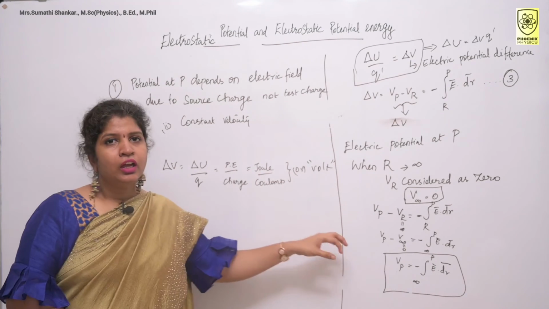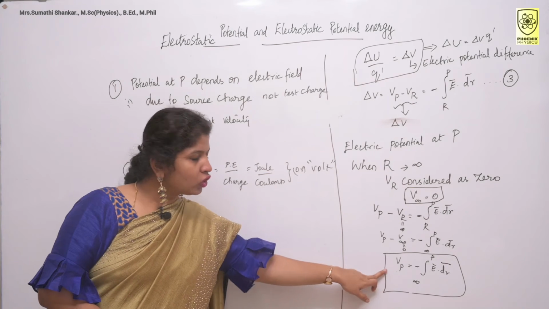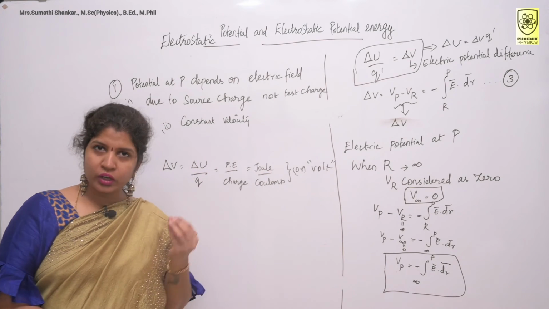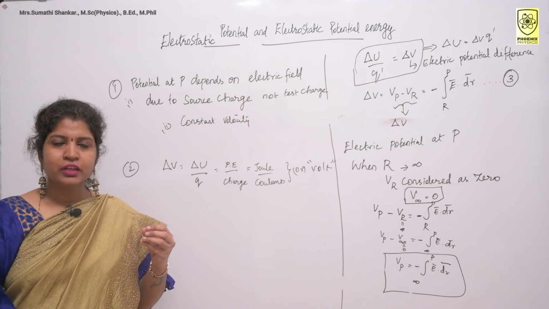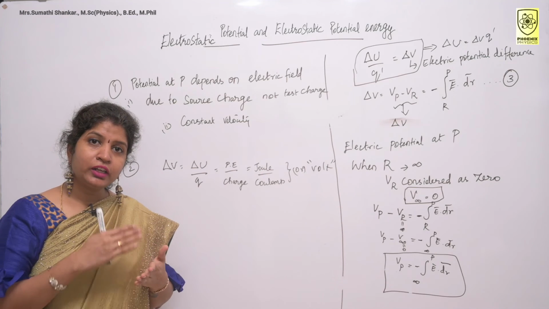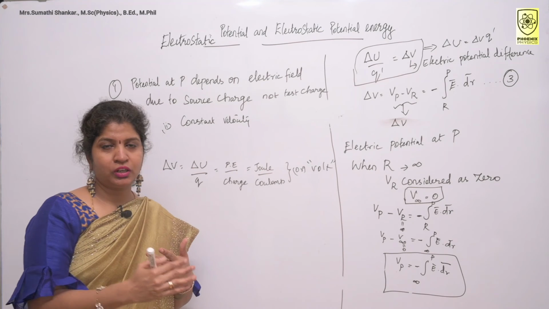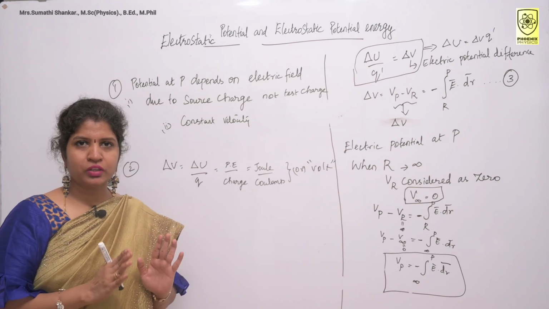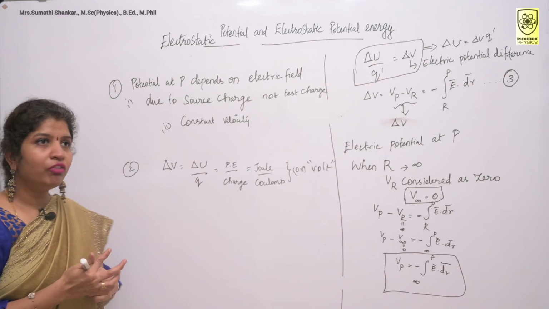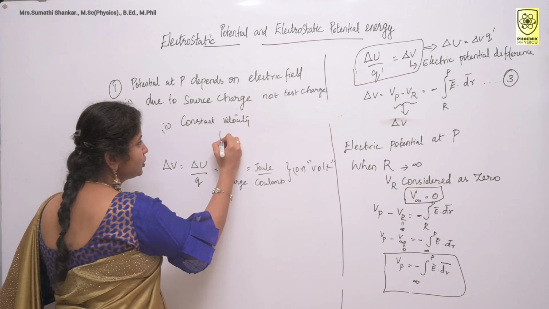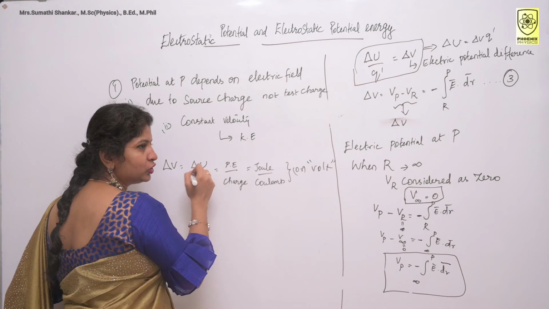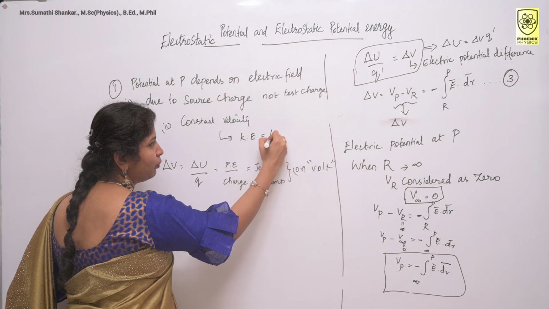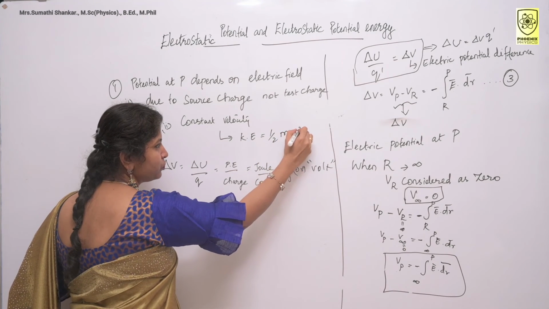Second one, we have to maintain constant velocity. Why? Because here we are calculating electrostatic potential. Electrostatic potential or electric potential, both are the same. Suppose you have variable velocity, then you have to add a kinetic energy term also. The kinetic energy formula is half mv square.